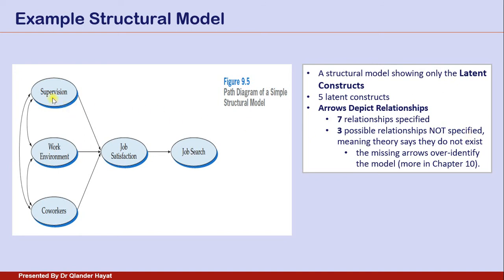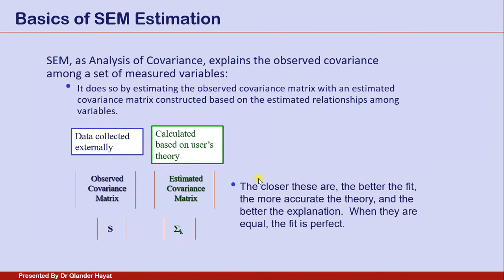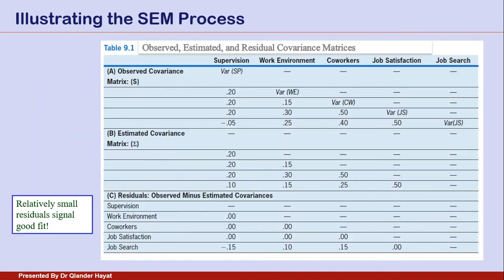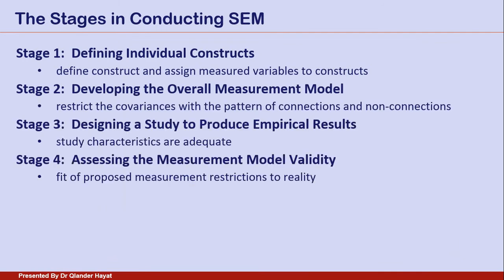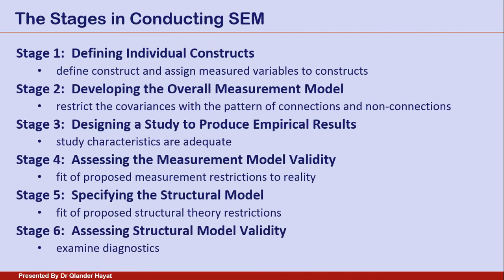For example, the impact of supervision on job search is not specified because it is not supported by the theory. Basically SEM works in certain stages, known as the 6 stages of SEM, and the detailed description of these 6 stages comes in the following slides.